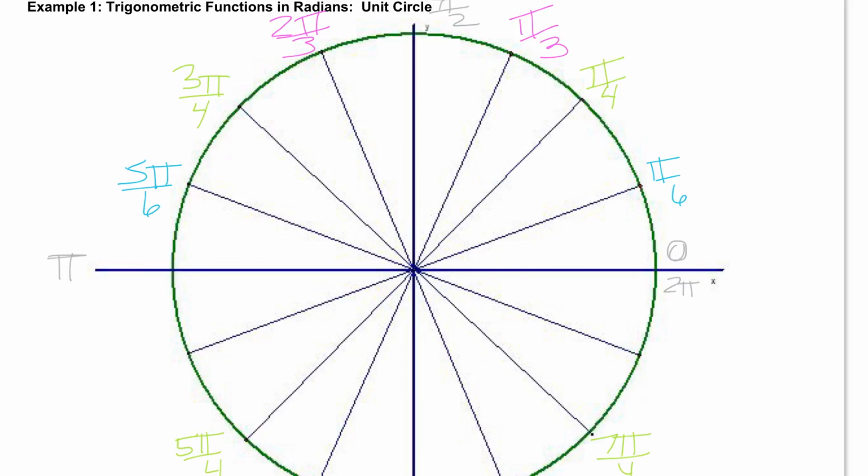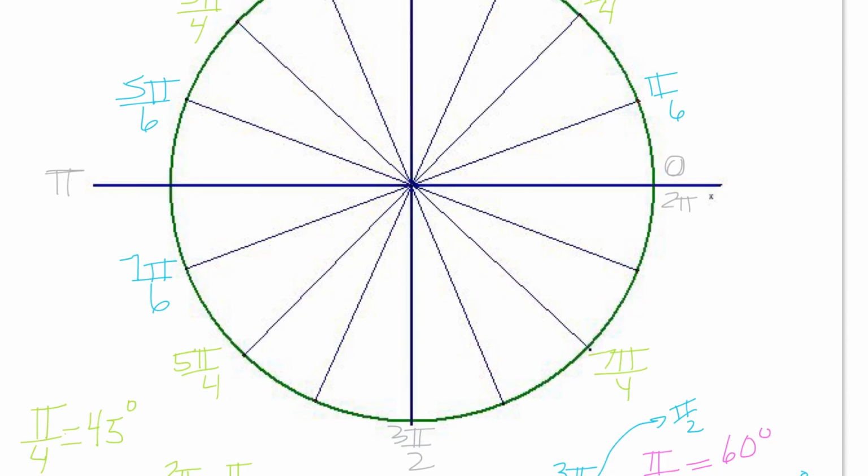In our third quadrant, we have 7 pi over 6 here. Moving this up, we get 4 pi over 3 right here. And in our fourth quadrant, this is 5 pi over 3 and 11 pi over 6.